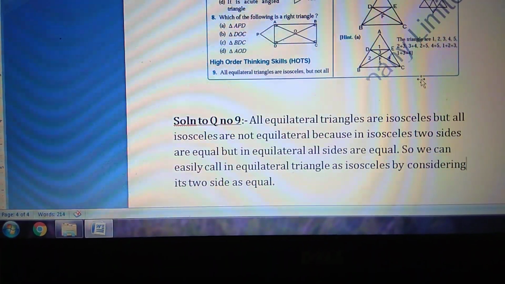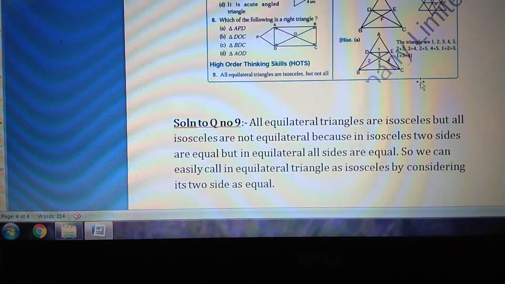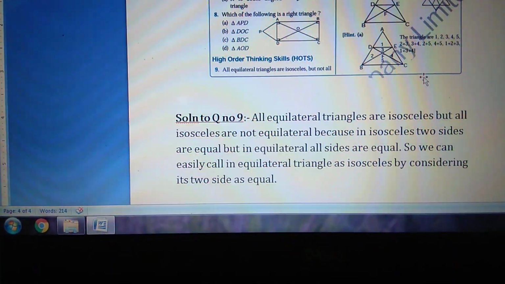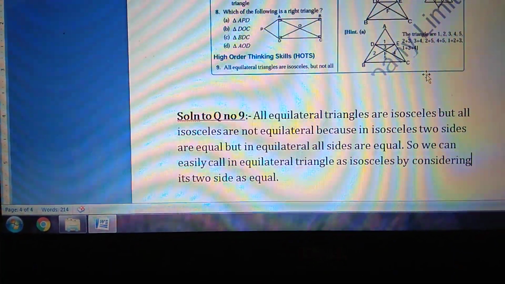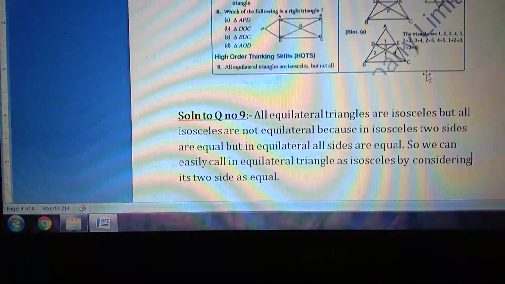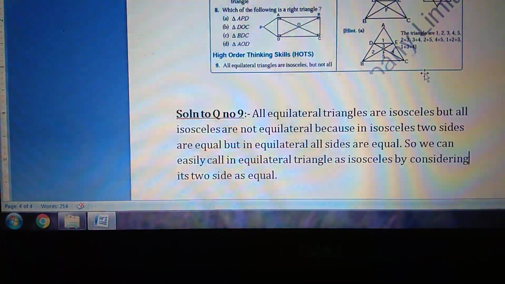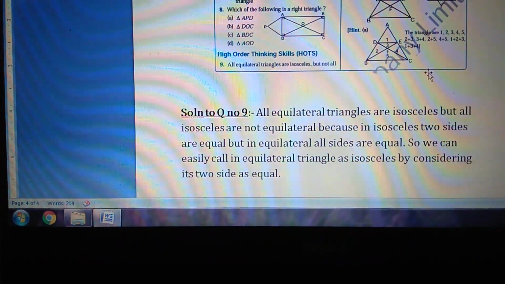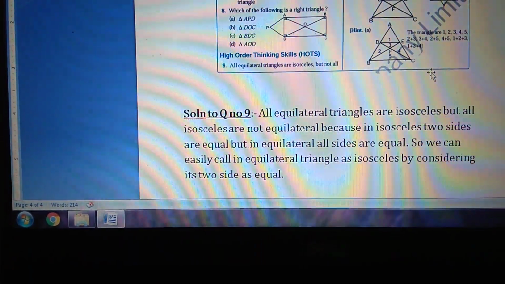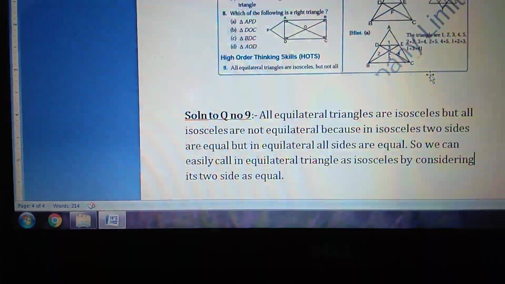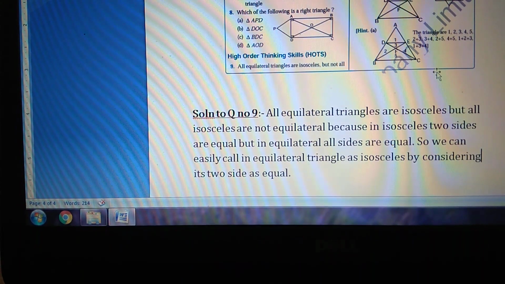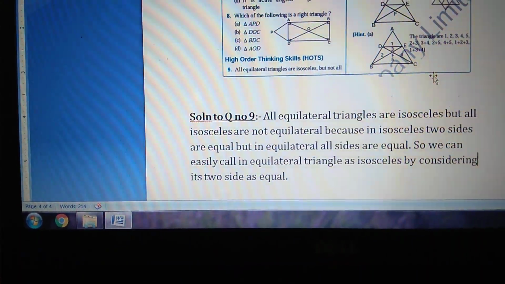So we can easily call an equilateral triangle isosceles by considering two of its sides as equal. In an equilateral triangle, since all the sides are equal, if we consider two sides equal, then it becomes an isosceles triangle. So an equilateral triangle can easily be converted into an isosceles triangle.